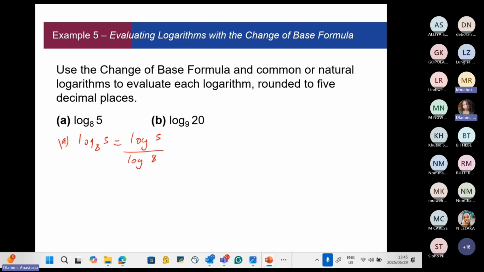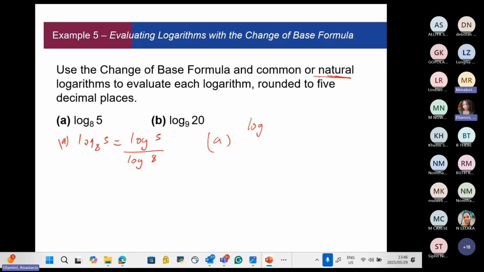So when we use the natural log, it will be what? We still at A. So it'll be log 5 over log 8.